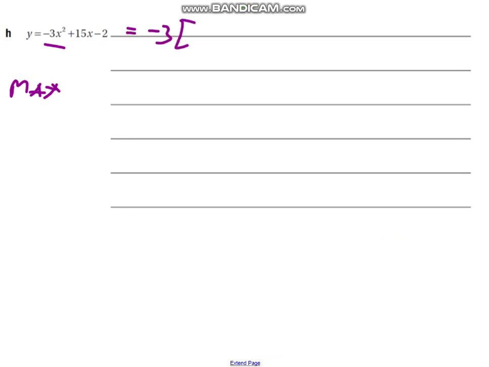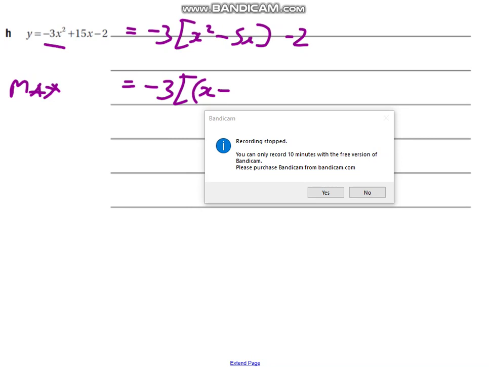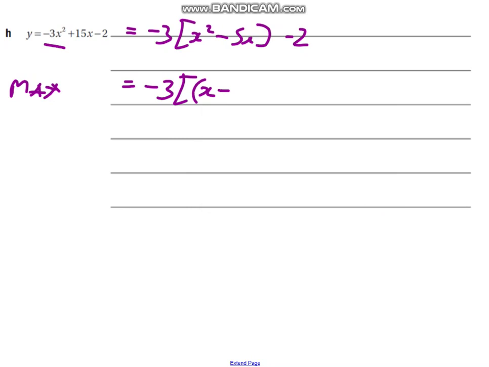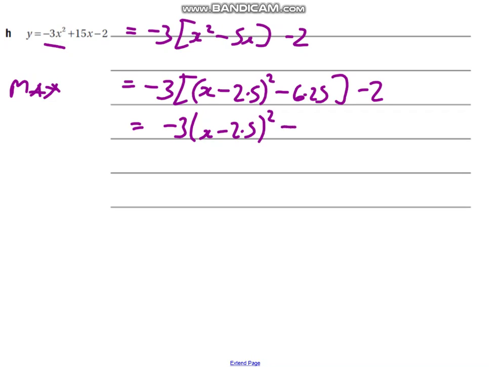So minus 3 x squared minus 5x minus 2, and so then we're going to complete the square inside the bracket, so it's minus 3 x minus 2.5 all squared, minus 2.5 squared is 6.25, close the bracket, minus 2, and then that's going to be minus 3 x minus 2.5 all squared minus, that's going to be 18.75, that's going to be positive, so take off the 2 will be minus 16.75.